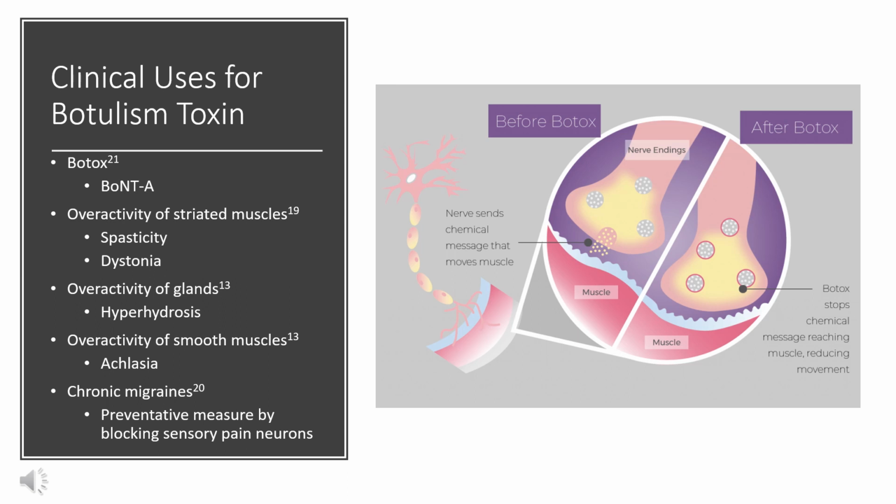It can have the same effect on smooth muscles, such as in the esophagus of patients with achalasia or in hyperactive glands. For over a decade now, the botulism toxin has been used to help sufferers of chronic migraines. The doctor will inject botulism toxin in order to prevent sensory neurons from relaying the message of headache pain. I personally have had this done, and it does work as described.